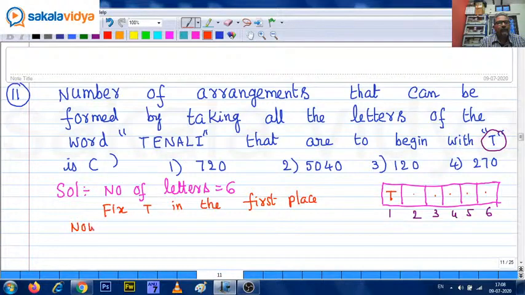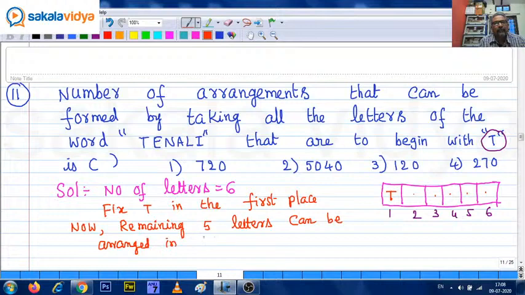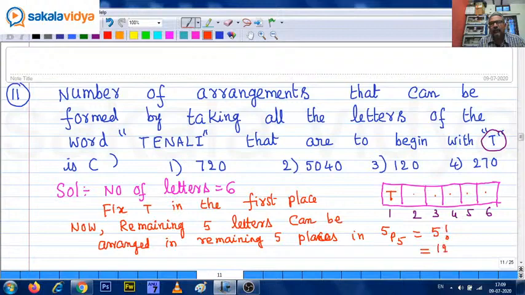Now remaining 6 minus 1, 5 letters can be arranged in the remaining 5 places in 5P5, equal to 5 factorial ways, equal to 120 ways.